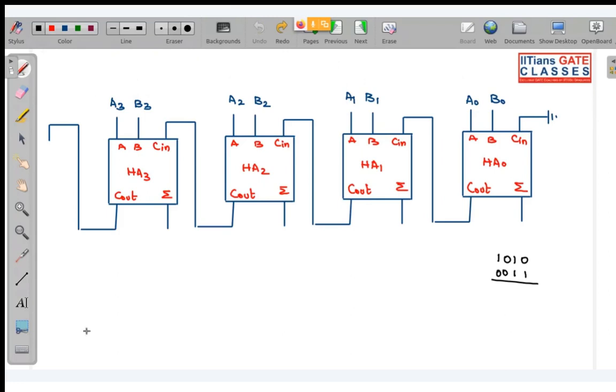So what was the input? 1101 and 0011. This was the input. Can you guys tell me once? Please confirm if this was the input I have given.